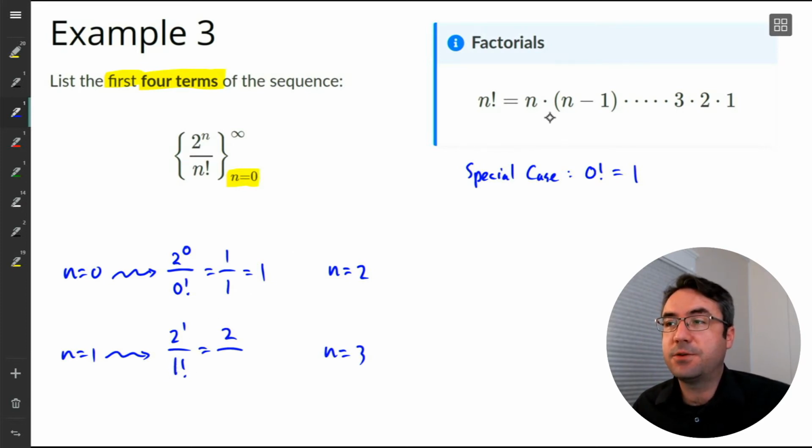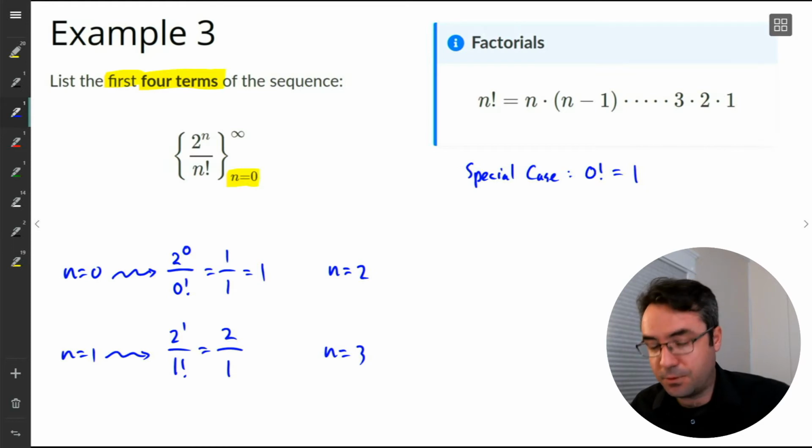Well, if we go to our definition, you start with whatever integer you see there. So you start with n in general. We're going to start with 1, and then you just start multiplying until you get down to 1. So 1 factorial is just 1. So we end up with 2 as our second term.